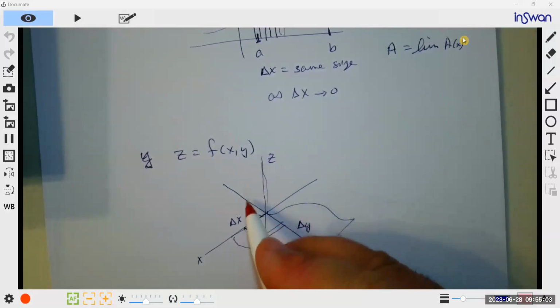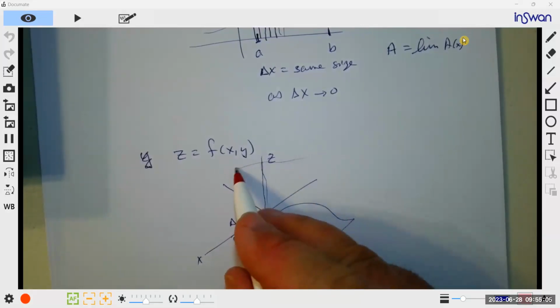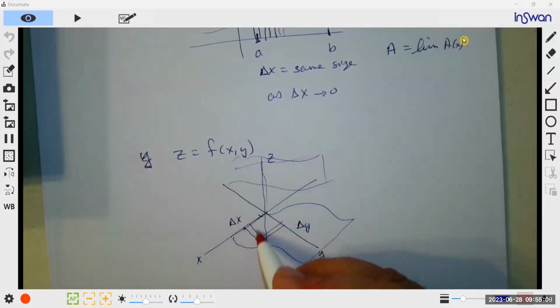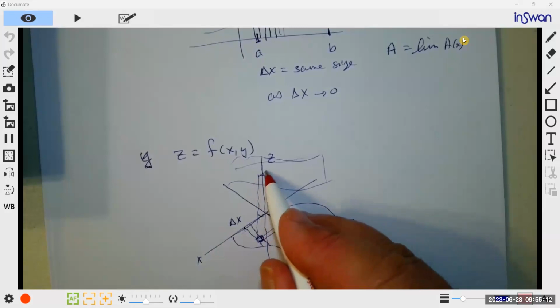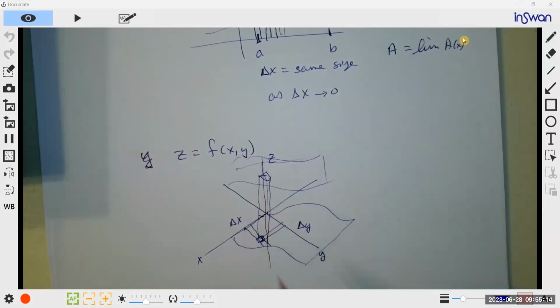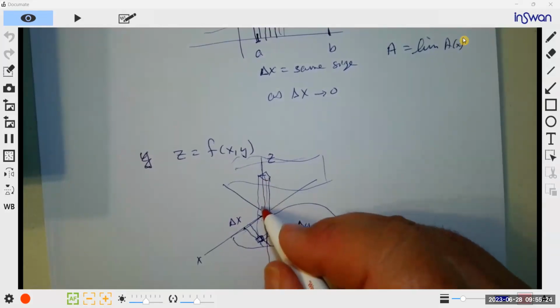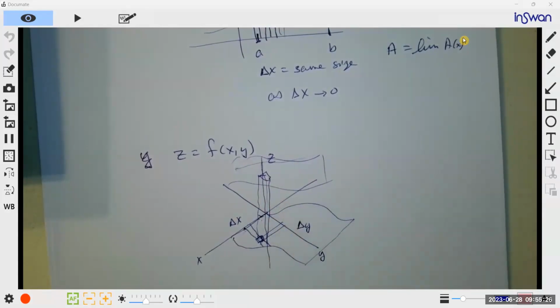As we go up higher, we now have this rectangular column. And that's what we're going to have to find the volume. We have to find the volume of each one of these columns and sum them all up, which is what the Riemann sum is all about.